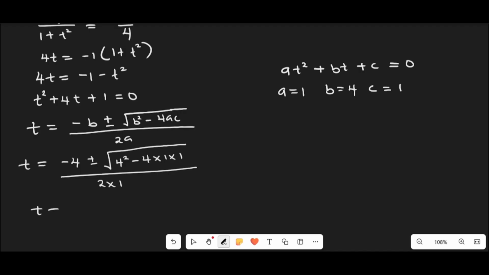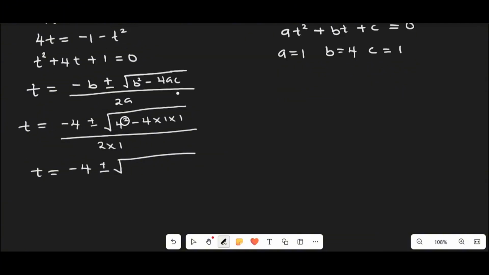T equal to minus 4 plus or minus root 4 square is 16 minus 4 times 1 will give us minus 4, all over 2 multiplied by 1 will give us 2.